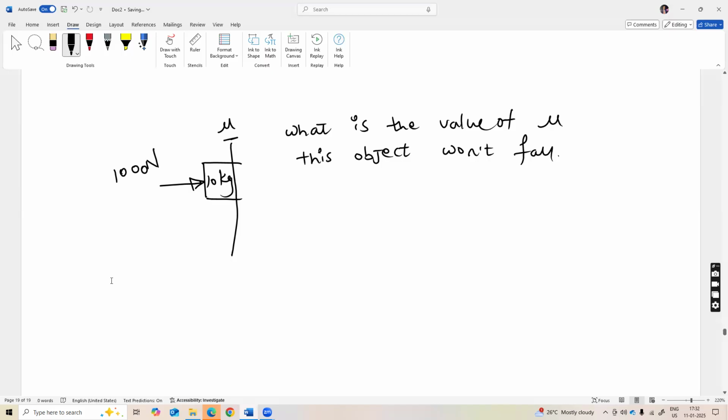Okay, so here we have to find the value of the coefficient of friction for which it won't fall. I think you are going in the correct direction, but can you give 2 minutes and solve this? Let me try, sir. Just give me 2 minutes. Okay, try.